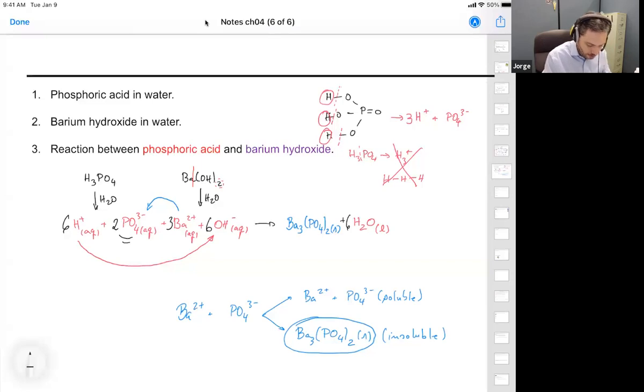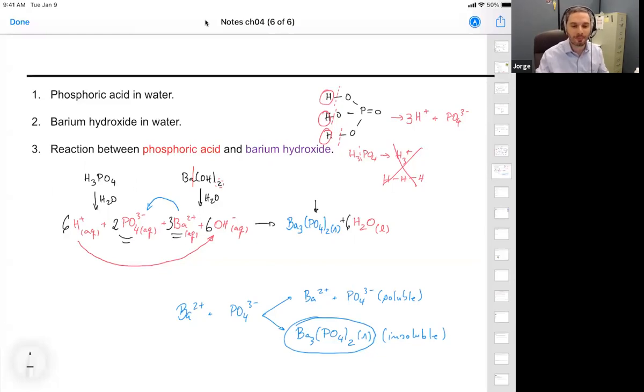Phosphate shows up on the left, but does not show up by itself on the right side. Phosphate here is now combined with barium, so you cannot cancel. The same thing with barium: it shows up on the left, but does not show up as barium 2 plus on the right side.